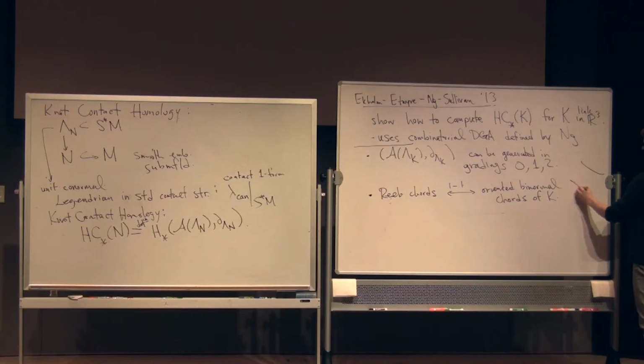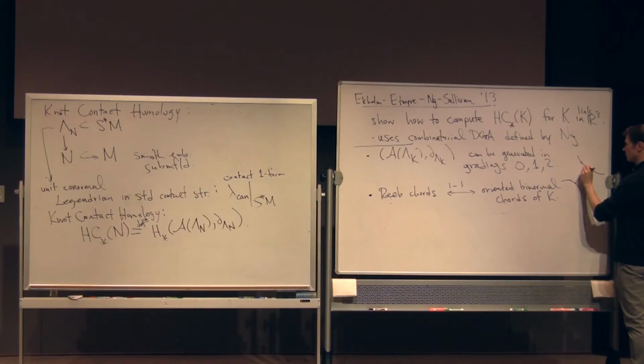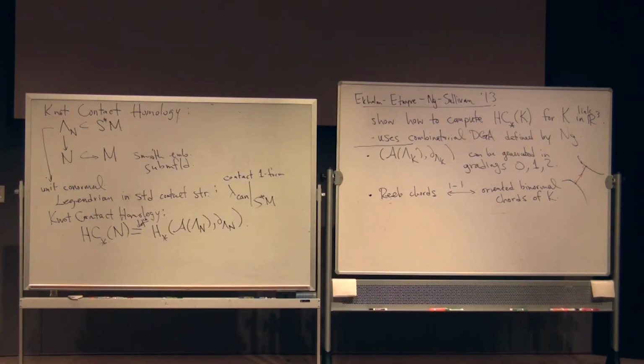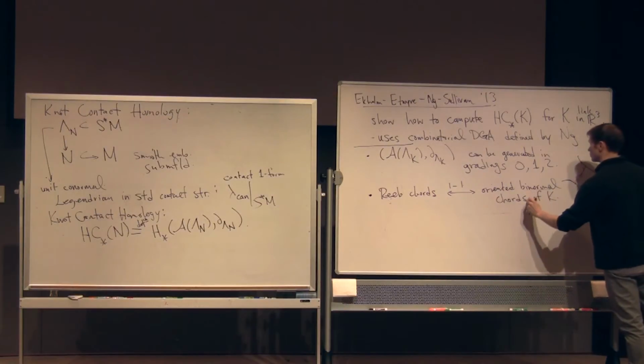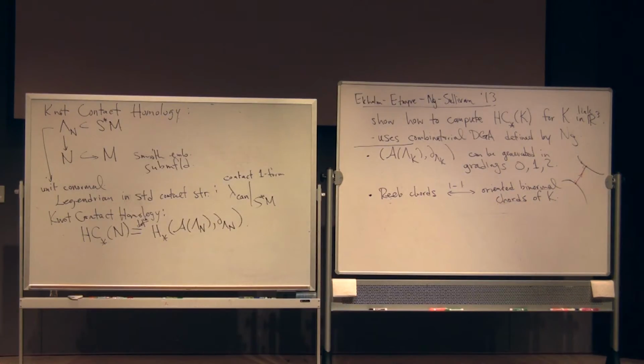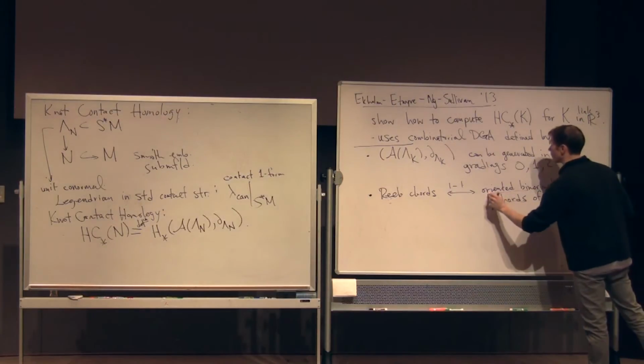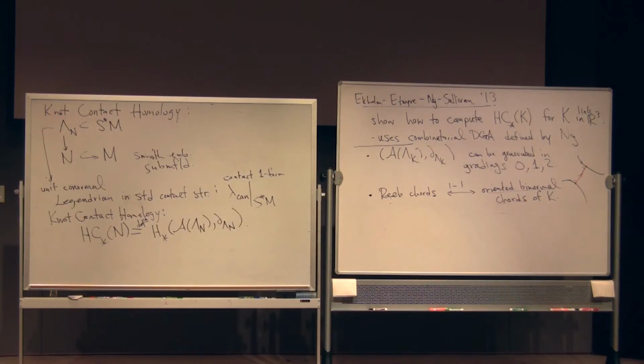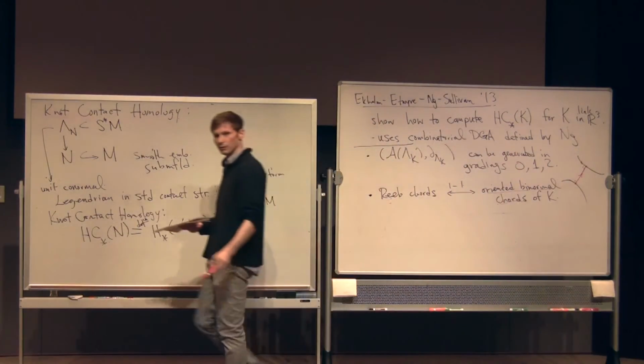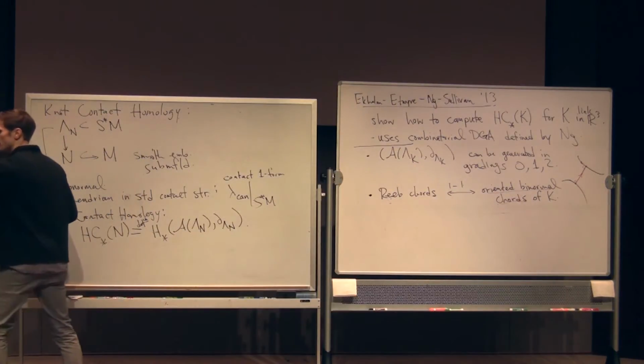You have your link embedded in R3. If you have a line segment starting and ending on the knot that's oriented and which is normal to the tangent directions at both ends, then call that a binormal chord of K. And the Reeb chords are in one-to-one correspondence with that.